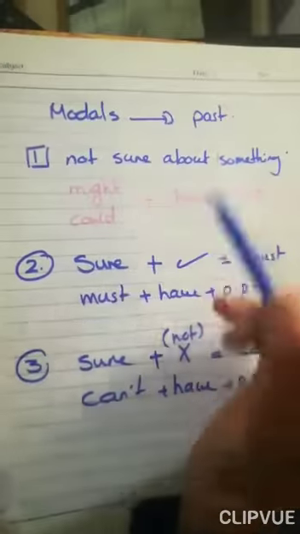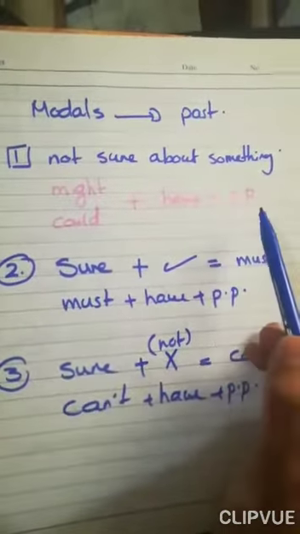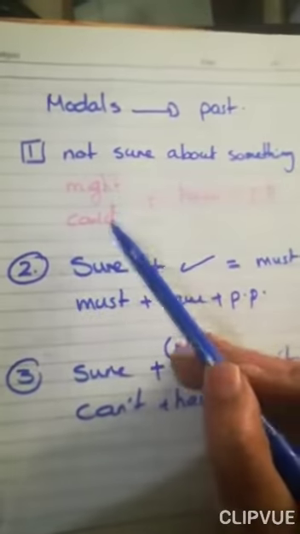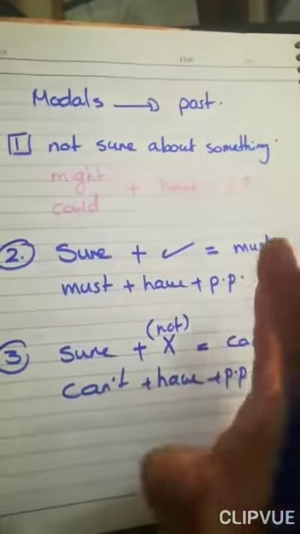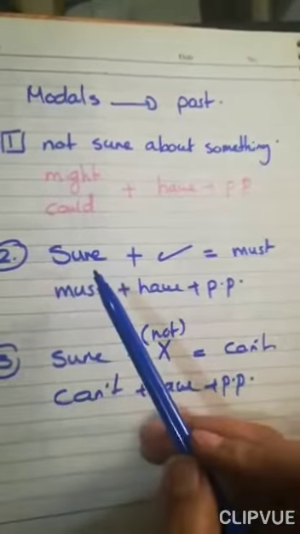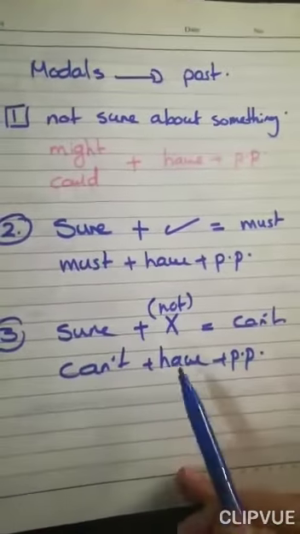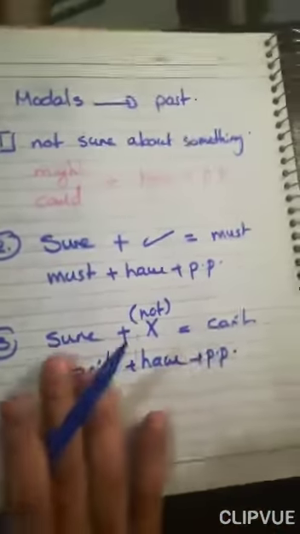With modals in the past, I'll use one of these modals, and after it have plus past participle. It depends on the sentence itself. Might and could I use when I'm not certain about something, I have doubts. I use must plus have plus past participle when I'm sure that something happened. I use can't plus have plus verb 3 when I am sure that something didn't happen.